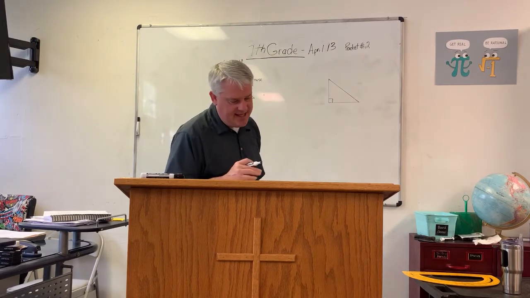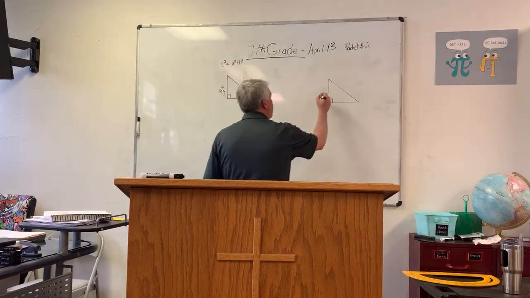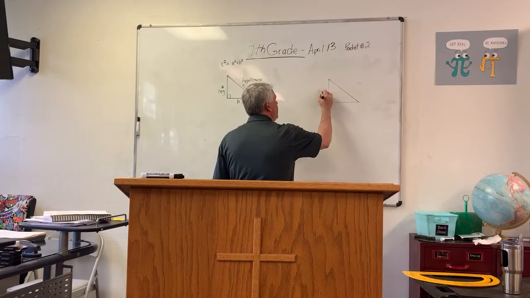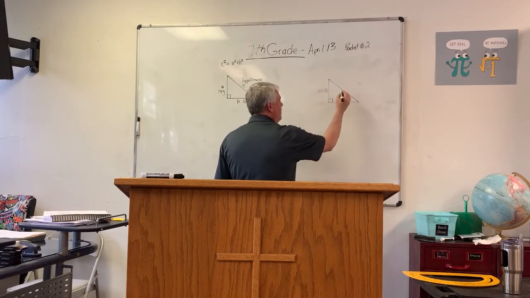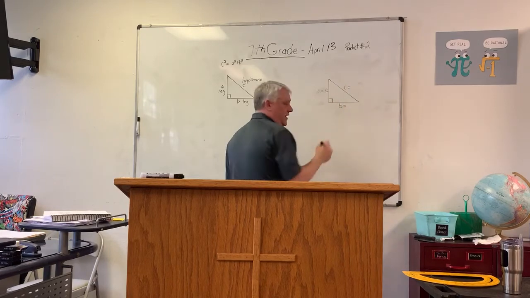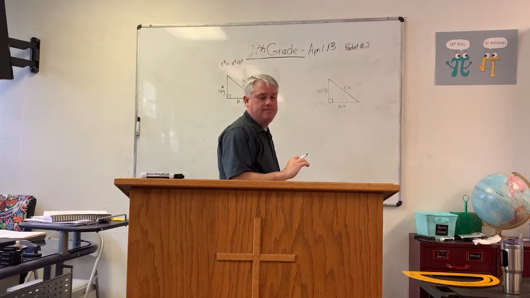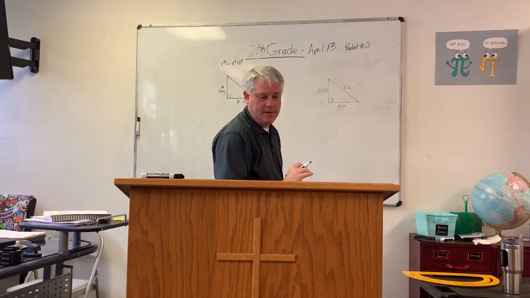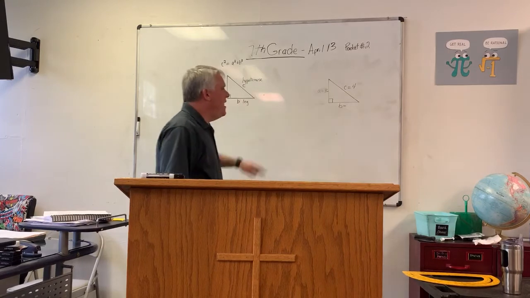They tell us that the length of leg A is 3 centimeters. The length of leg B, we don't know. The length of the hypotenuse is 4. So now I'm going to plug in all.